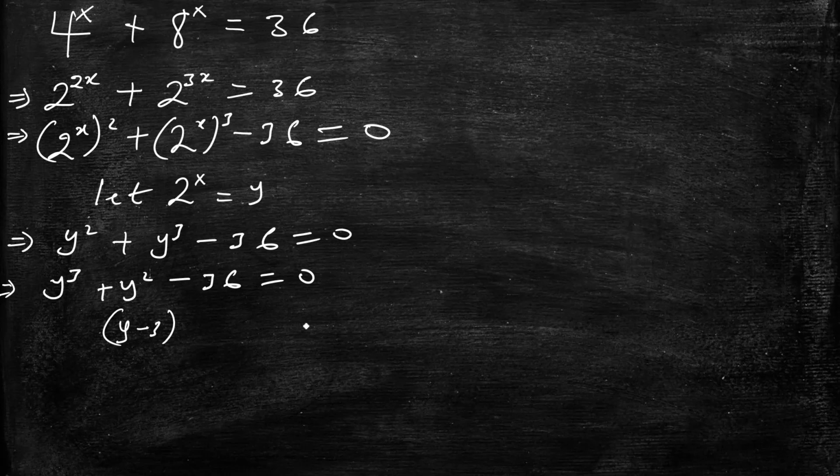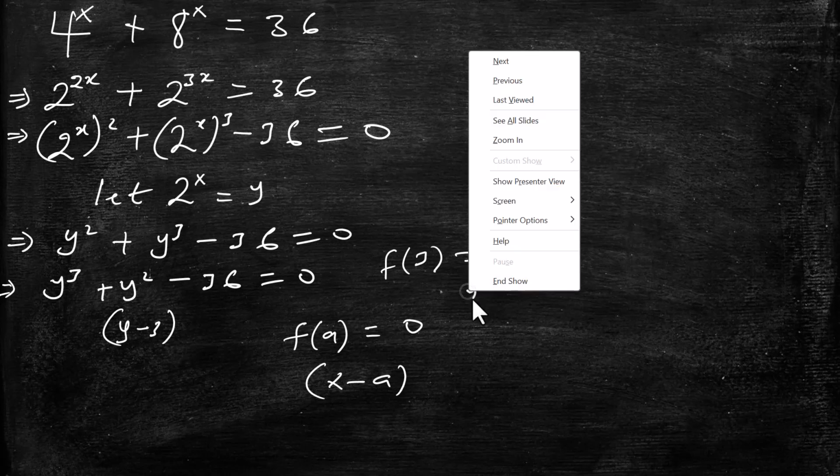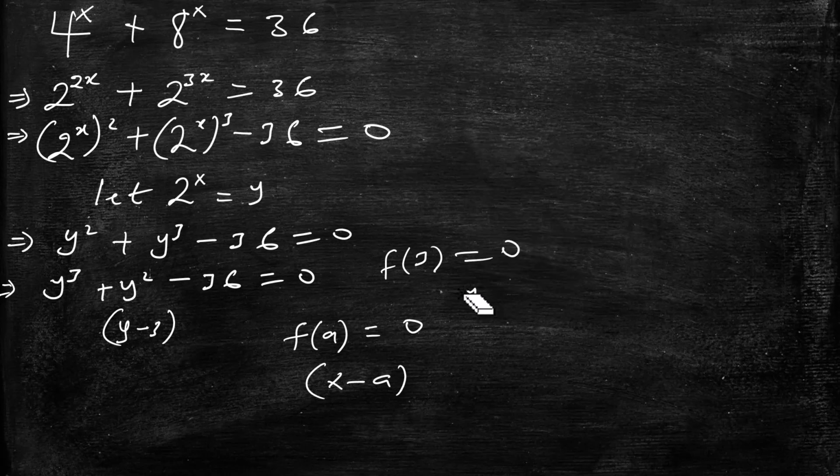By the factor theorem, if f of a equals 0, it means x minus a is a factor. So if f of 3 makes this go to 0, and we are using y, it means y minus 3 is a factor of this.